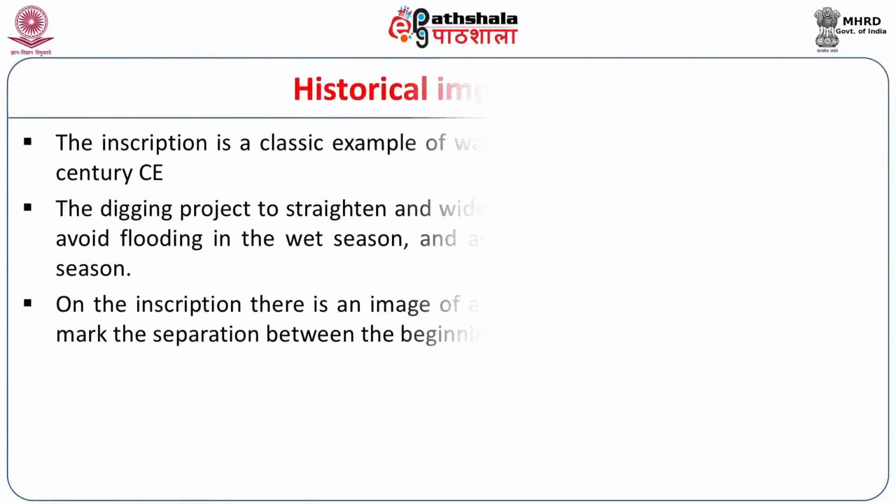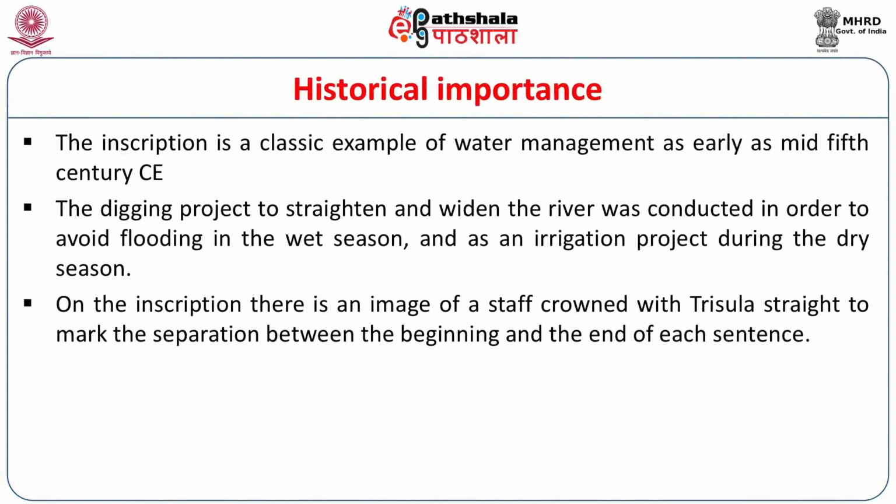Therefore, it is very important to note that a supralocal irrigation project was initiated by the ruler called Purnavarman, who was appreciated as a very important ruler, a great warrior in these inscriptions. On the inscription, there is an image of a staff crowned with a Trishula, drawn straight to mark the separation between the beginning and the end of each sentence.